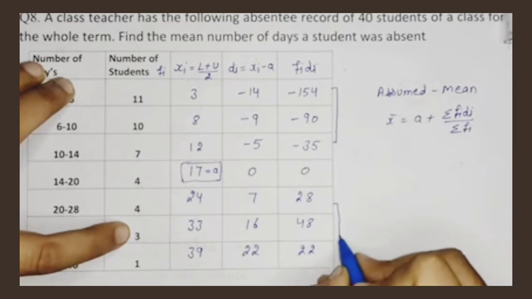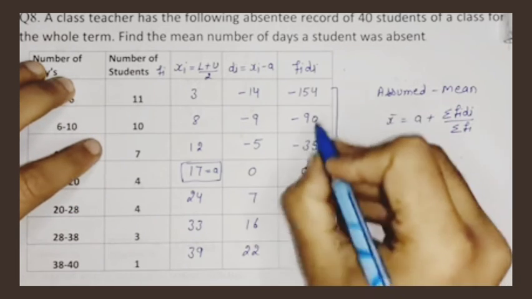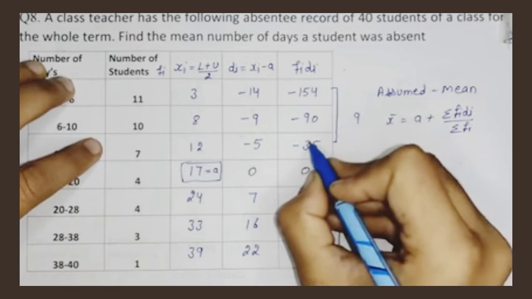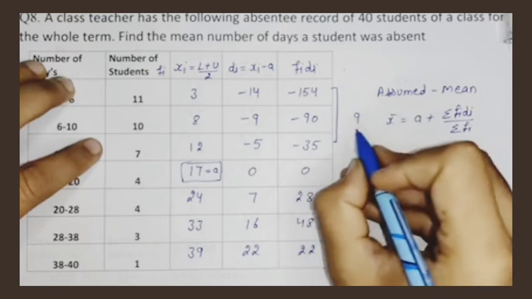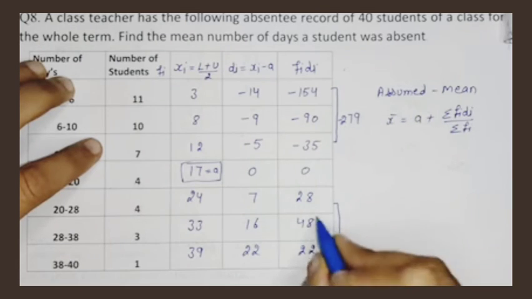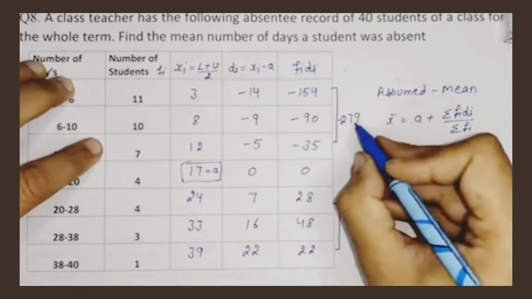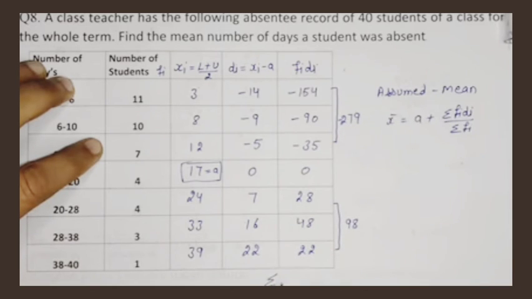Now we will add the negative values and positive values separately, so it will be easy for calculating. The sum of all these negatives is minus 279, and the sum of these positives is plus 98. Now if you add minus and plus, our answer will be negative.